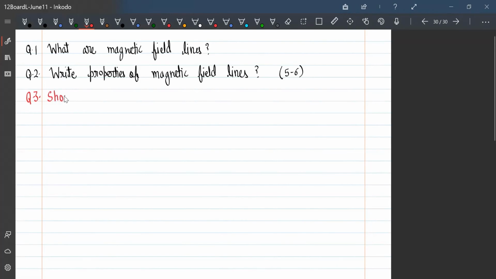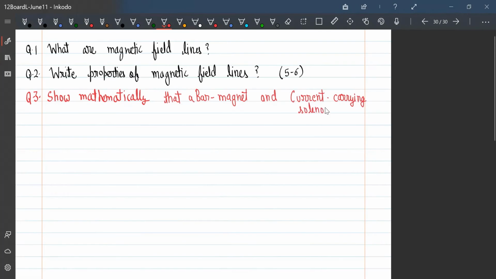Show mathematically that a bar magnet and a current carrying solenoid are equivalent.